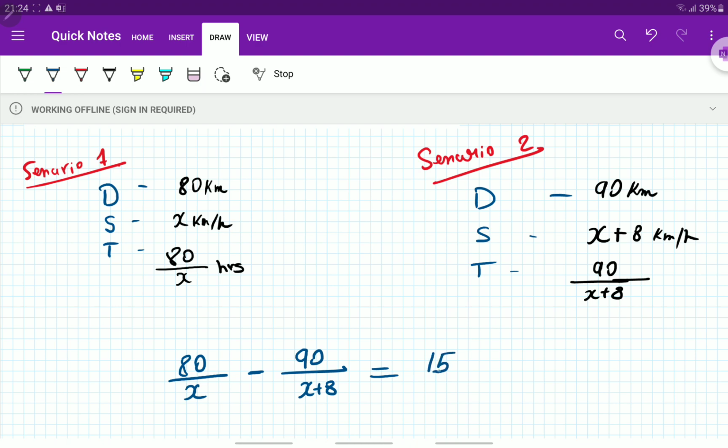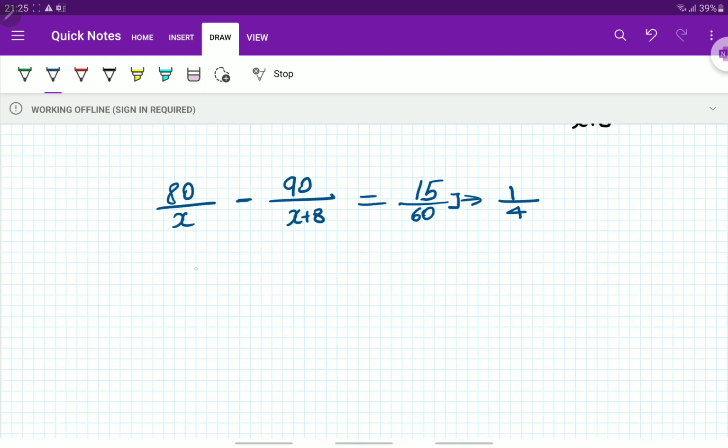But because we're calculating in kilometers per hour, let's turn this into hours, which is 15 over 60, which simplifies down to 1 over 4. So if you rewrite this, it's 80 over x minus 90 over x plus 8 is equal to 1 over 4. Now on the left hand side, let's find a common denominator and subtract.